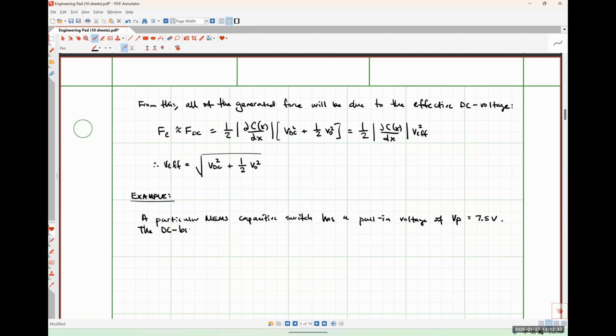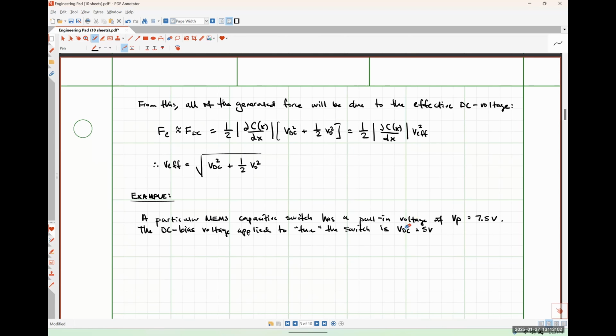The DC bias voltage applied to tune the switch is VDC is equal to 5 volts.